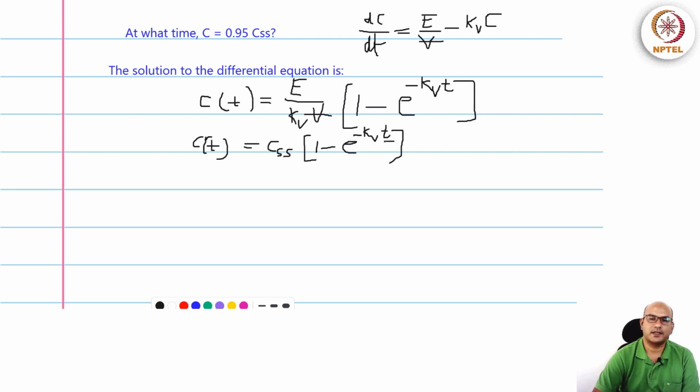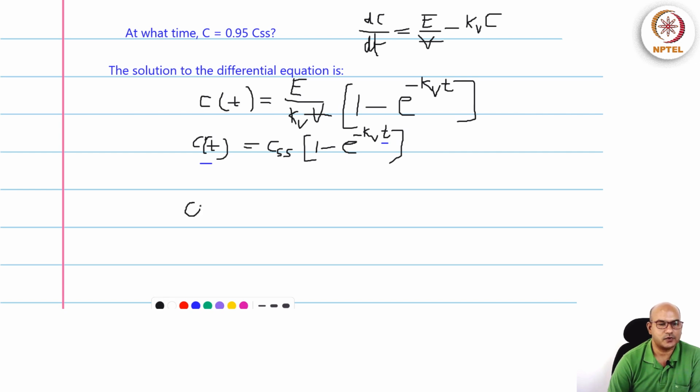Now we want to get t. We want to know t at which C(t) is equal to 0.95 CSS. So let us put this value in.